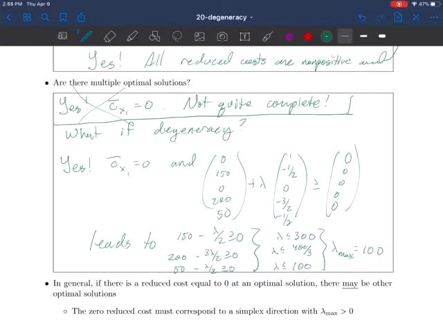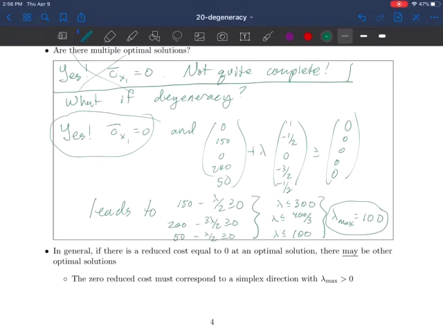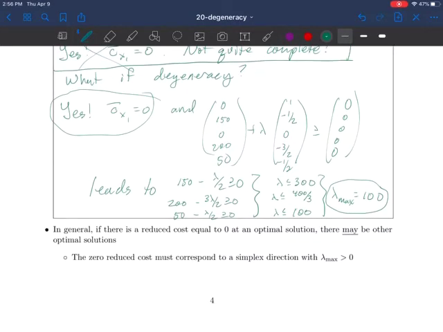So all this adds up to lambda max equaling 100, since 400 over 3 is greater than 100. So we can move in a positive way all the way to this other extreme point, which has the same objective value.